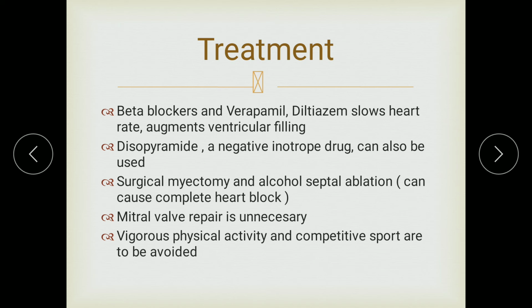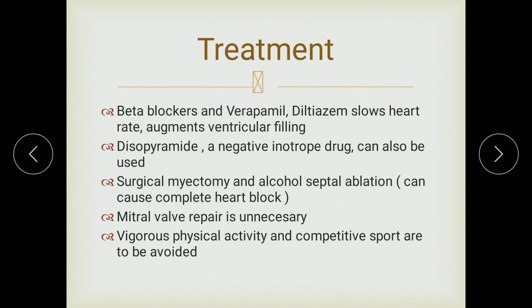Disopyramide is a negative inotropic drug that can also be used. The other options are surgical myectomy and alcohol septal ablation, but both these procedures carry the risk of complete heart block. Mitral valve repair is not necessary because once the obstruction is relieved by some procedures or drugs, the mitral valve regurgitation automatically corrects itself.